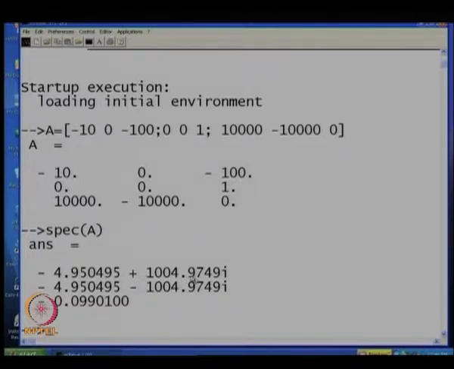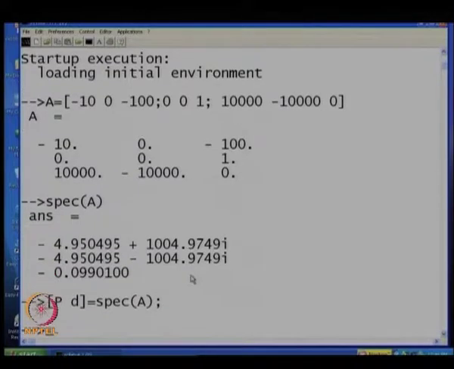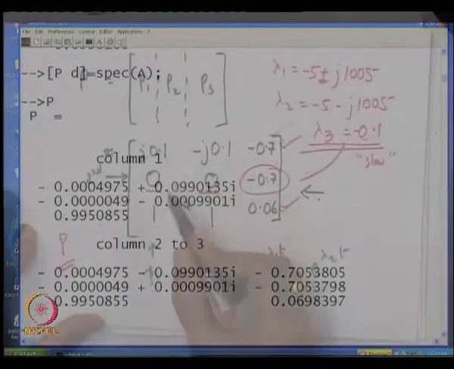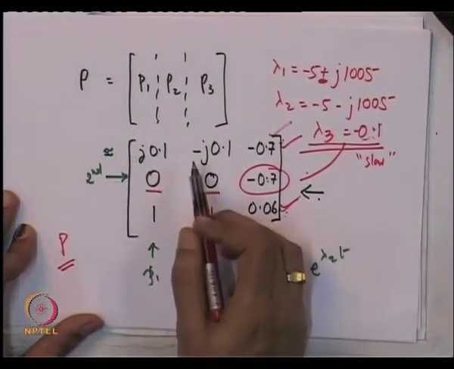Okay. j, or i, is square root of minus 1. Now, if you want to get the right eigenvectors, you have to use this command, and P gives you the right eigenvectors. In fact, you see that this is roughly j into 0.1, these are very small values, this is an extremely small value. So, we have approximated it to be 0. In fact, if you look at what I wrote here on the sheet, these are just approximations of what you have seen there.